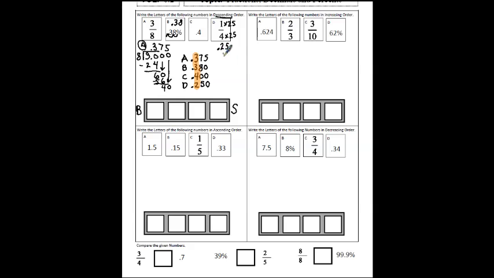I see that the smallest number is 2. It goes 2, 3, 3, and then 4. And the 3s are tied, so I need to do a tiebreaker in the hundredths column and see that it goes 7 and then 8. So 2 is D, 3, 7 is A, 3, 8 is B, and 4 is C. So biggest to smallest is going to go from C, B, A, and then D.